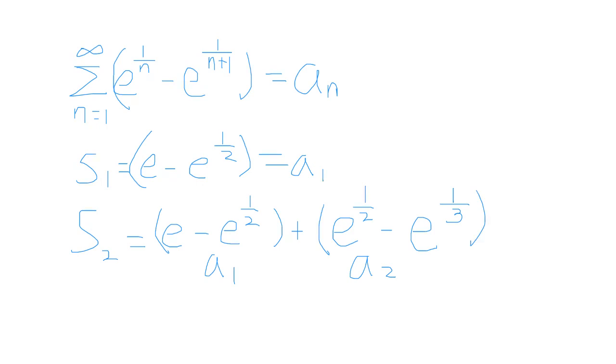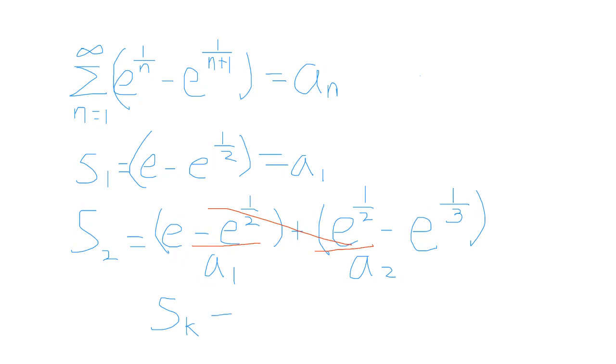Right, that's S2. What's going on with S2? We have a negative e to the half and a positive e to the half. We have additive inverses, so those two cancel each other. So we have S2 equals e minus e to the 1/3. I don't really have space to write S3, you should do it yourself. So from here, we can figure out Sk.